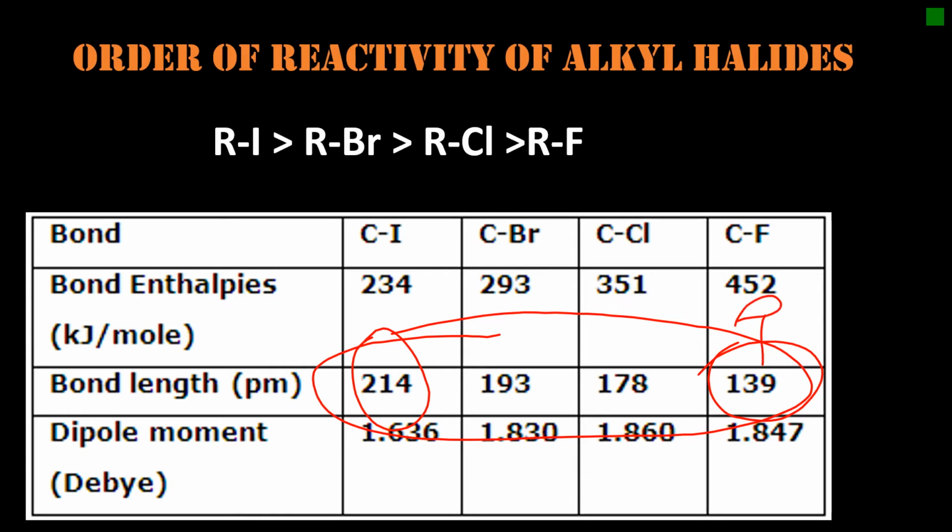But if you look at the bond enthalpies, which is the energy required to break the bond, we see that the carbon-fluorine bond requires much more energy than the rest of the bonds, while the carbon-iodine bond requires the least energy compared to the other bonds, which means that a bond which is long is weak, while a bond which is short is strong.